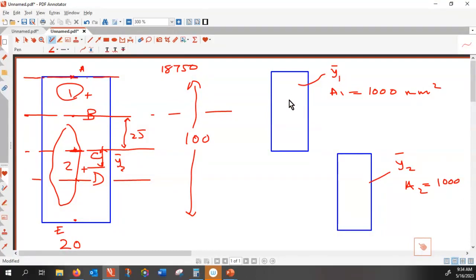What about Y bar 1? This is the centroid of the upper piece, measured from here, that is equal to 25. And here, that's the same thing. This is measured from here, that is also 25. And what is the product?